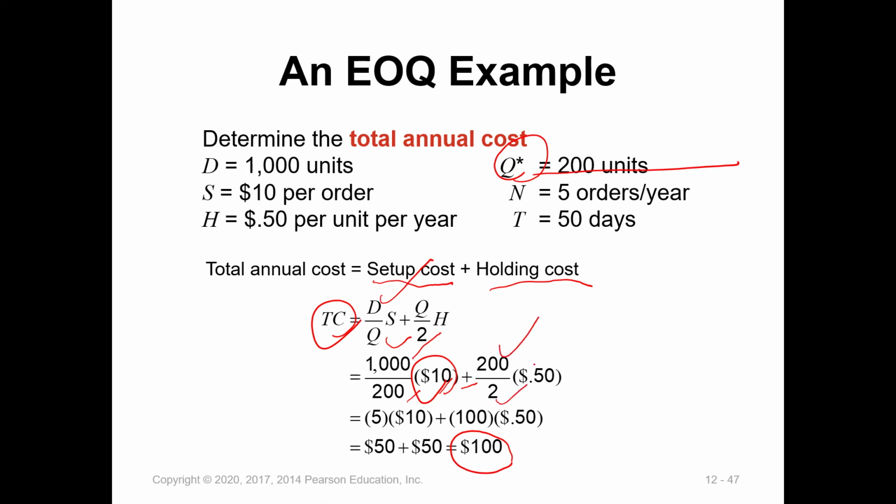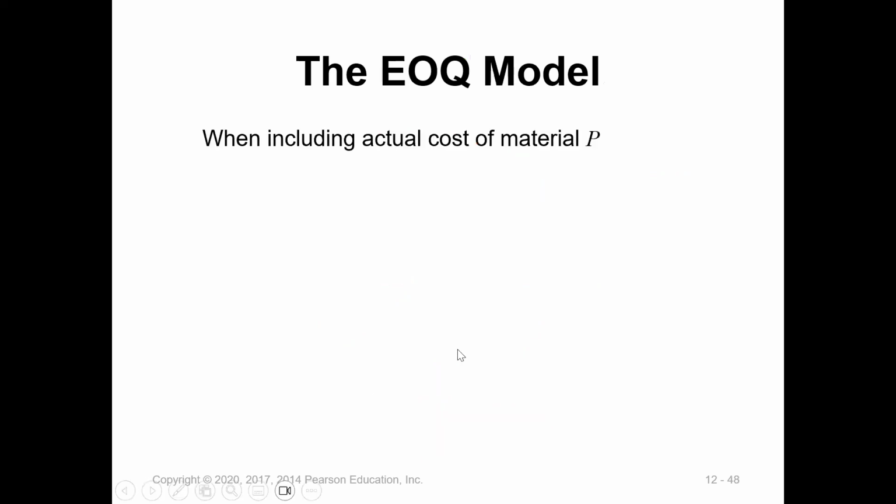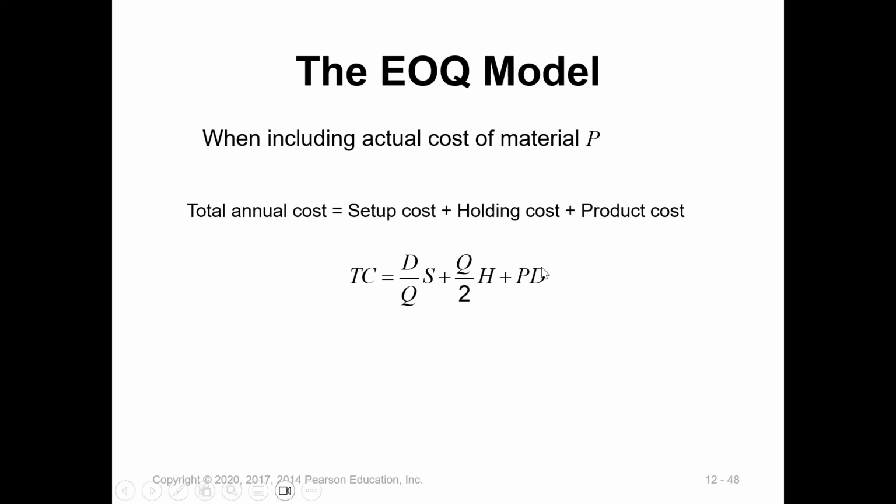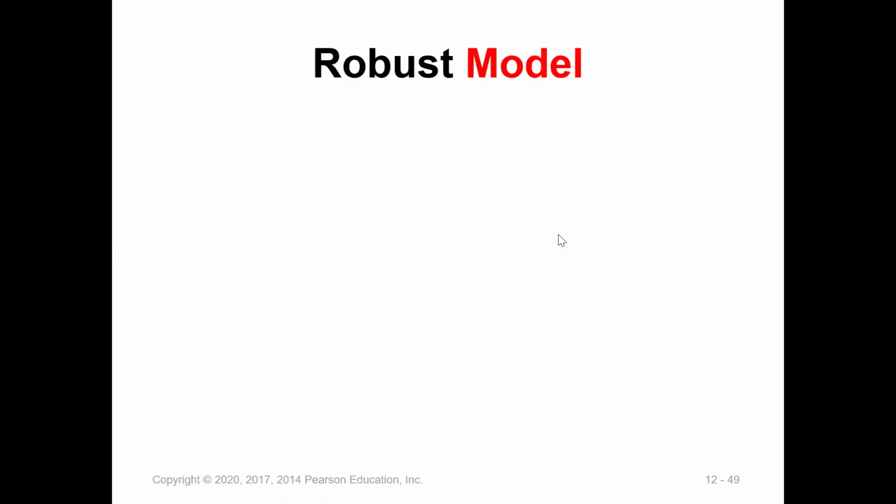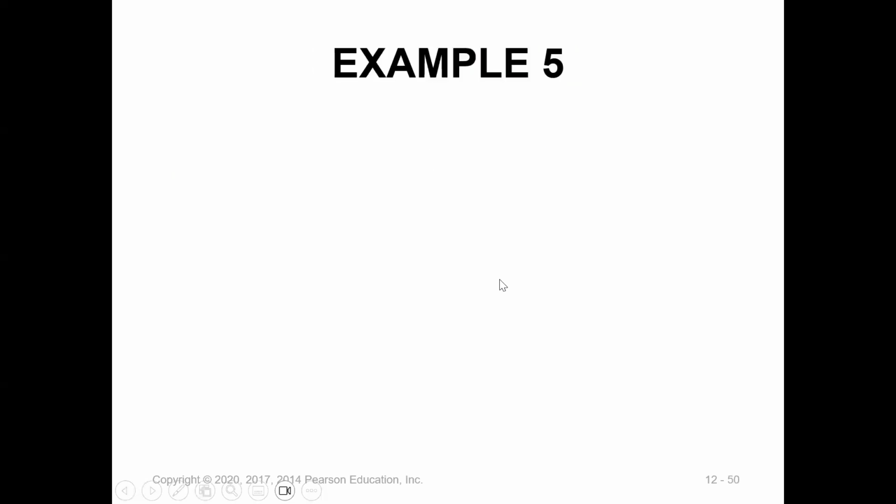So 5 times 10 plus 100 times 0.5. So this is equal to 100. If the product cost is not included; sometimes it is included.